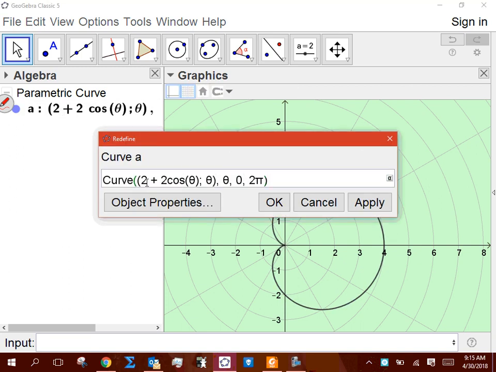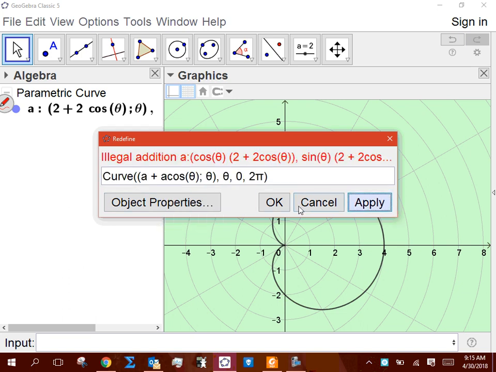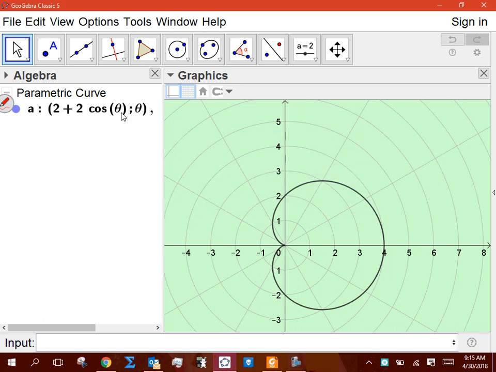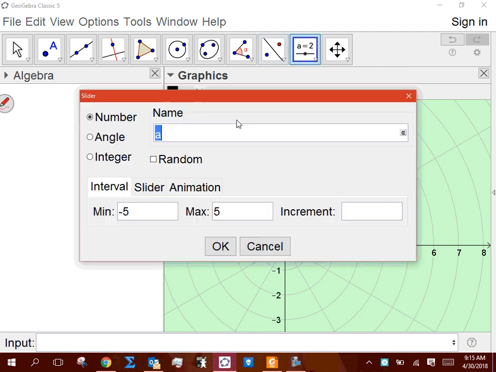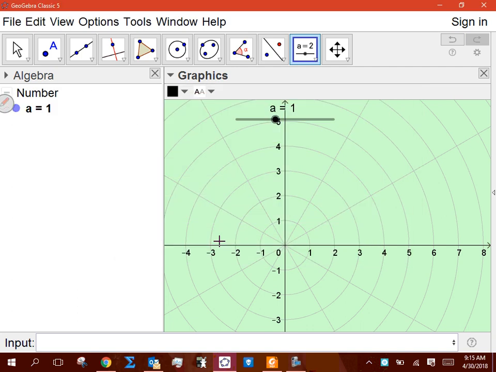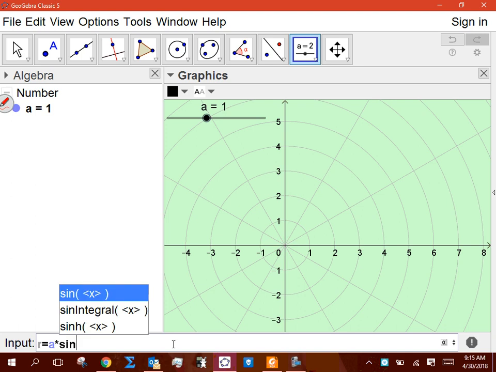Now, the thing that has to happen is that these numbers, I'm just going to put A in here right now. Let's see here. Well, it doesn't know what A is right now. All right, so if I just graph r equals A plus A sine of theta.